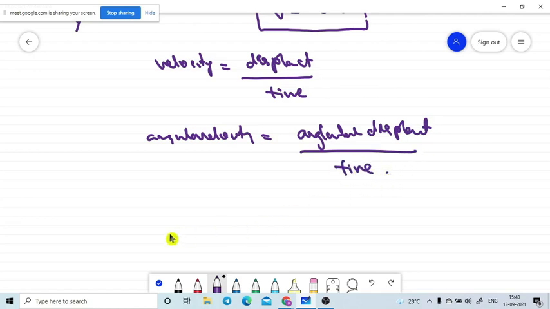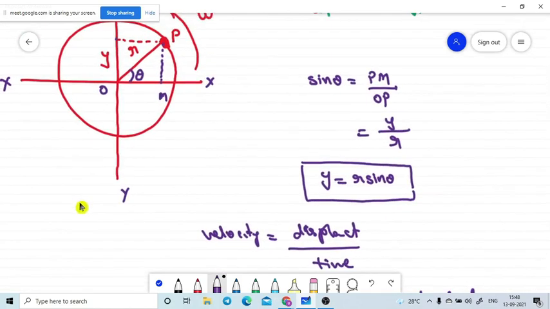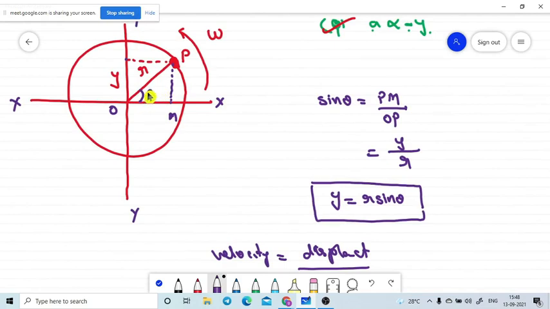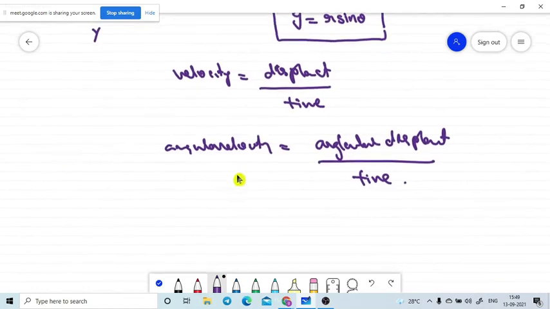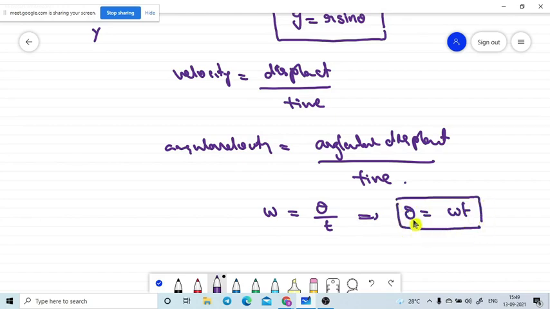Angular displacement is nothing but theta, the angle. So the angle by time: omega is equal to theta by t. From this equation, theta can be written as omega into t. So this is the formula: angle is equal to angular velocity into time.